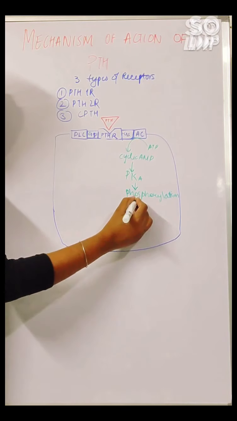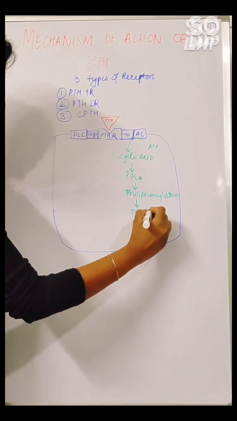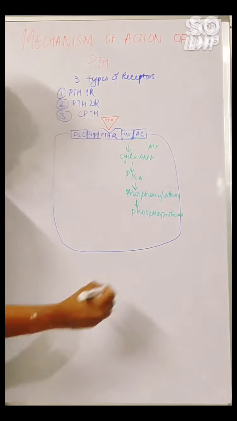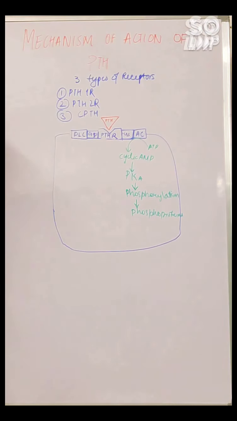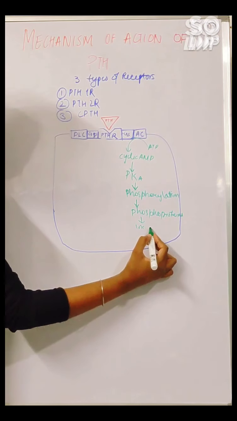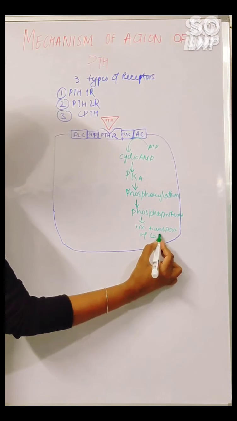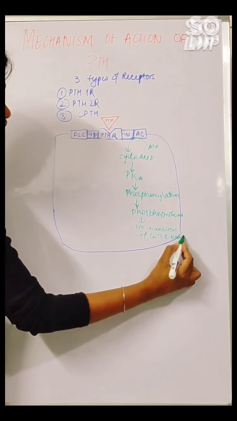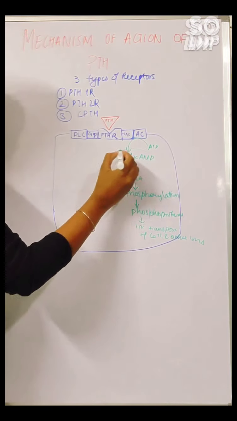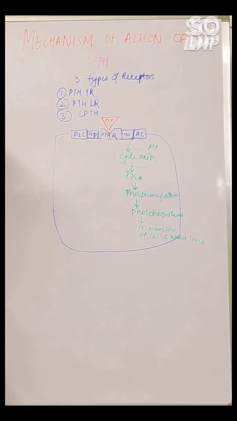This phosphorylation will result in the formation of phosphoproteins. These phosphoproteins will further increase the transport of calcium ions and other ions. This is what cyclic AMP liberation as a result of activation of adenylate cyclase does.